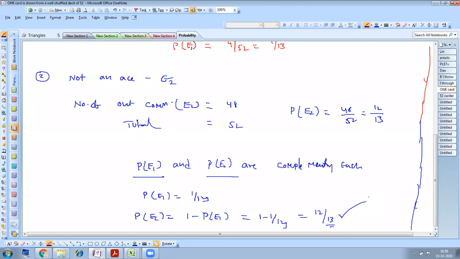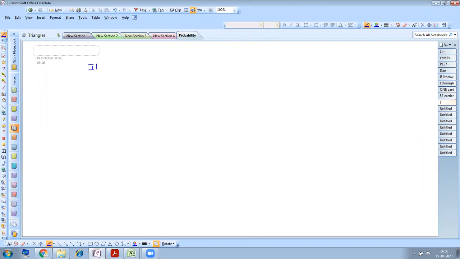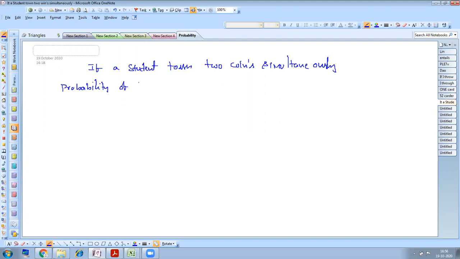A student tosses 2 coins simultaneously. What is the sample space? What is the probability of getting at least one head?